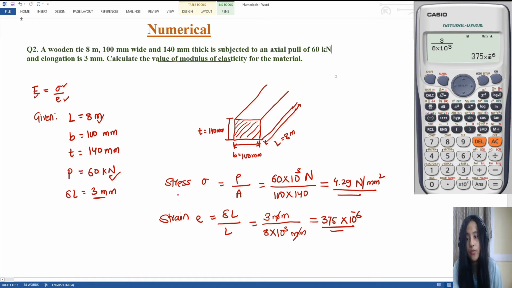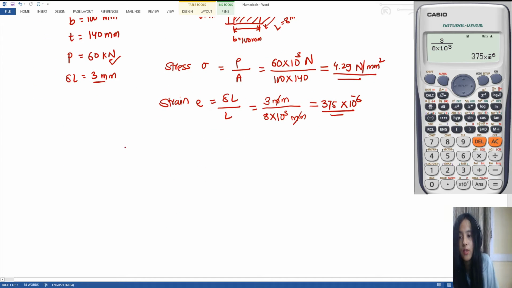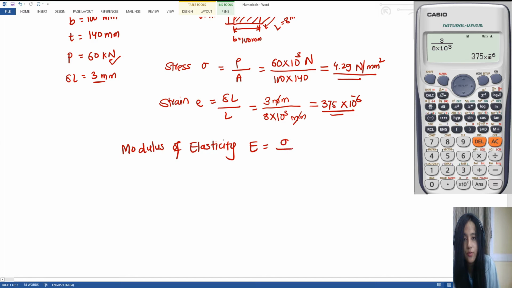Now we have found stress and strain. Now let's find modulus of elasticity for the material. Modulus of elasticity E is equal to stress by strain, and stress is 4.29 divided by strain 375 into 10 raised to power minus 6.